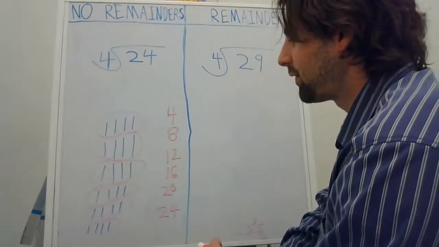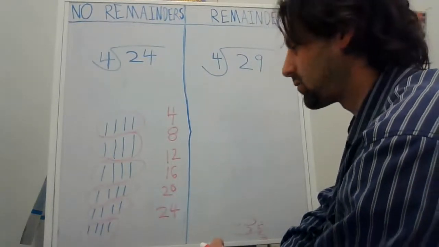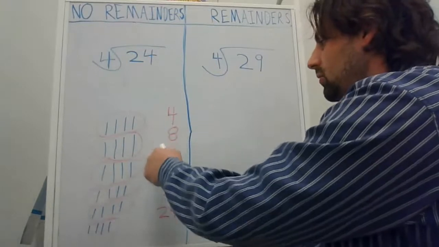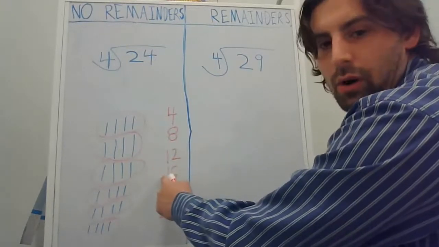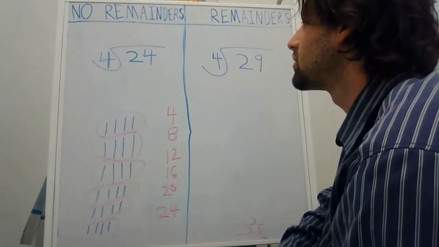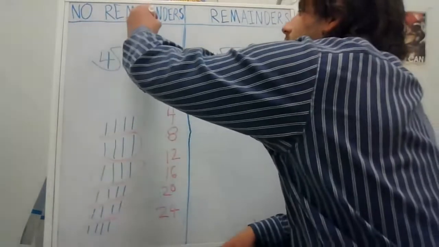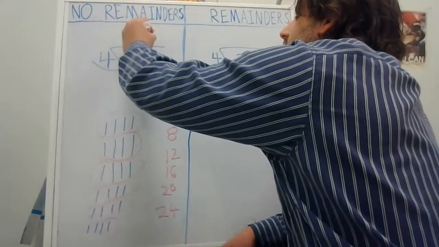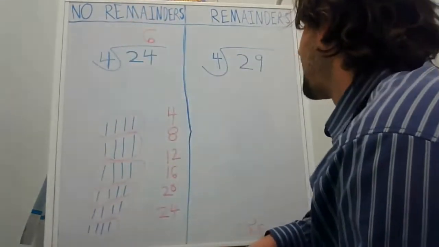So I counted by 4. How many times did I count by 4 to get to 24? Let's see. 1, 2, 3, 4, 5, 6. So 4 goes into 24 6 times. 24 divided by 4 equals 6.